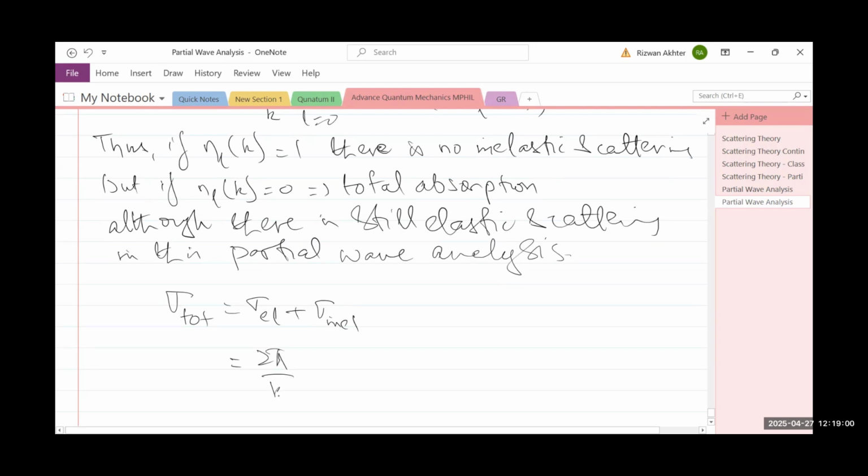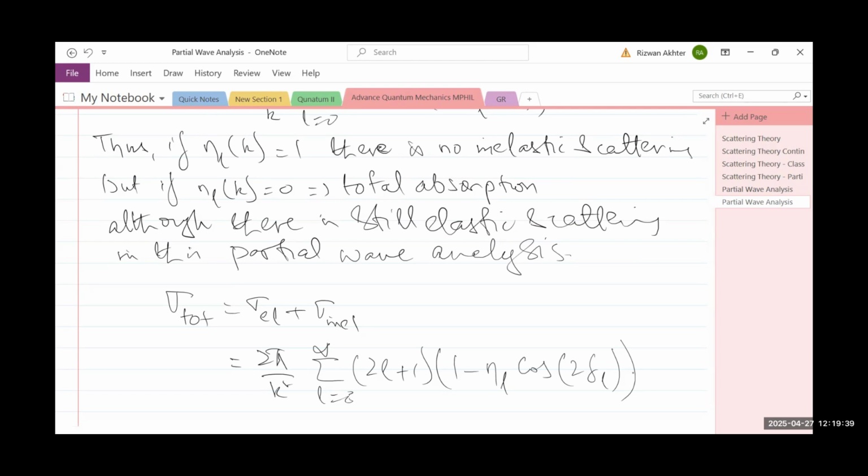So this is 2 pi by k square, summation over L going from 0 to infinity, and then we have 2L plus 1 components, 1 minus eta_L cos 2 delta_L of this factor. So this is basically the total scattering. Another thing is that we said the optical theorem is also valid in the case of inelastic scattering.